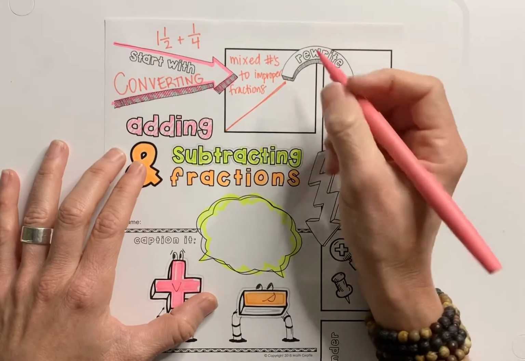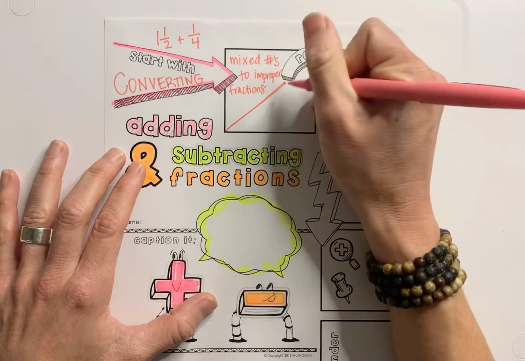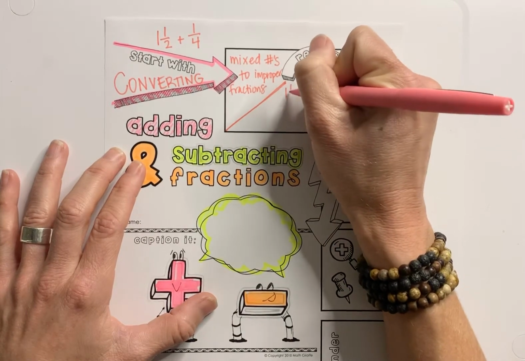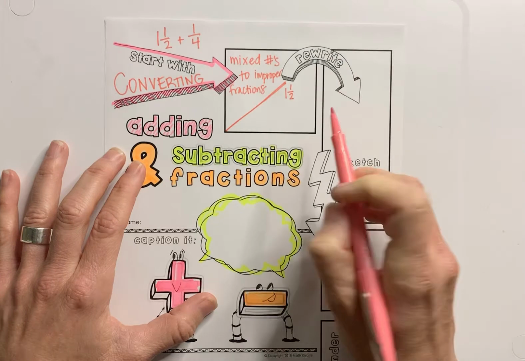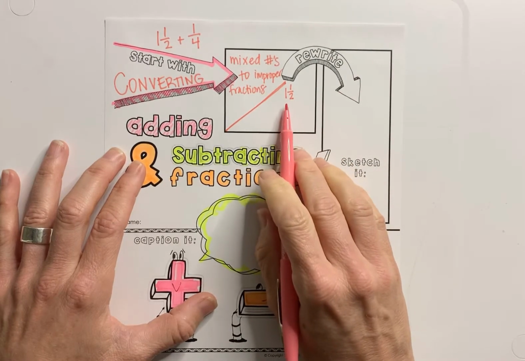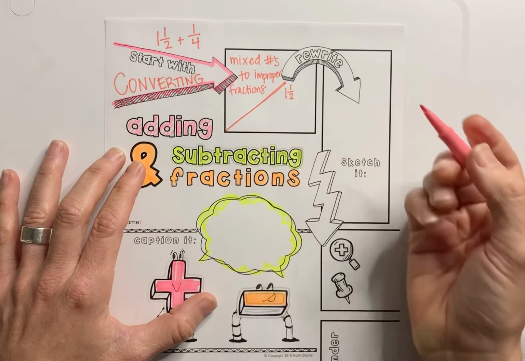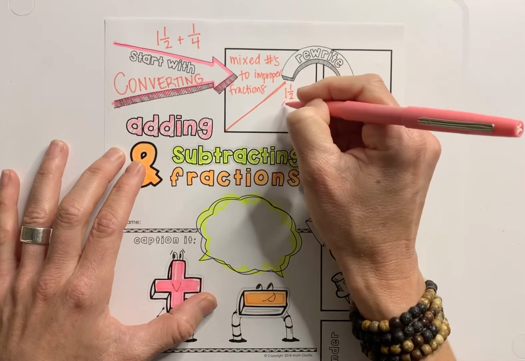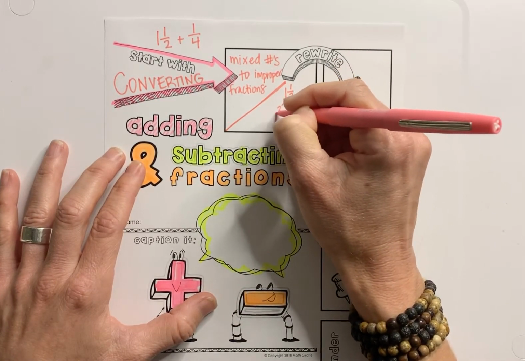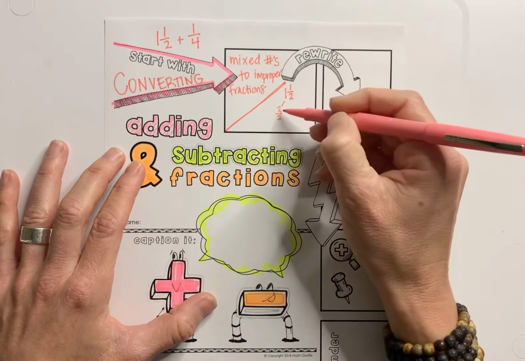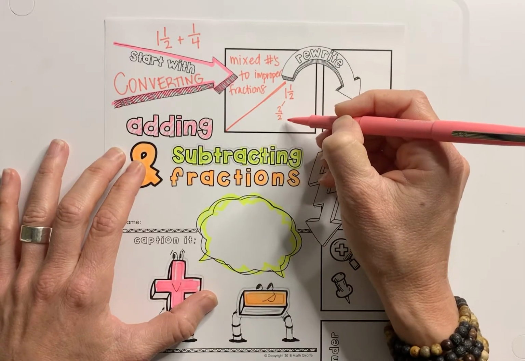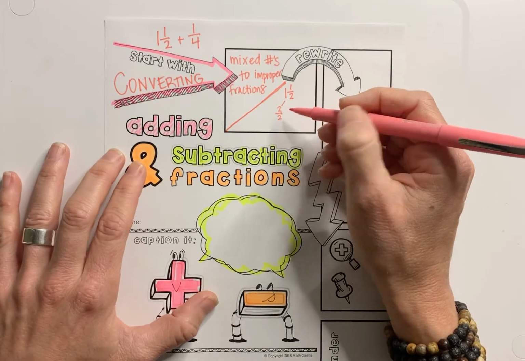So my 1 1/2, I'm going to go through the process of the conversion of that 1 whole. Now, 1 whole is going to be the same as, let's say, 2/2, right? Because we know if the numerator and denominator are the same, you know that it's a whole number.